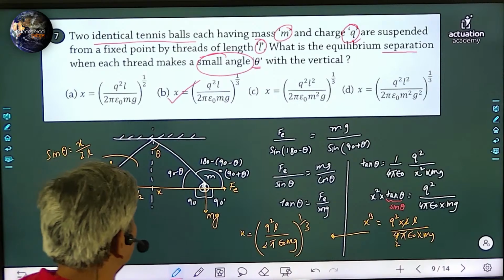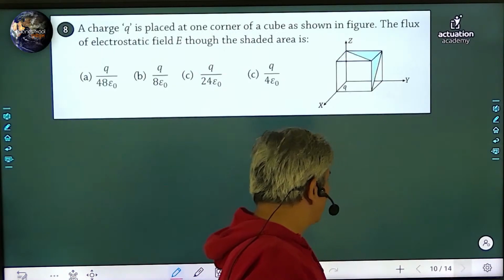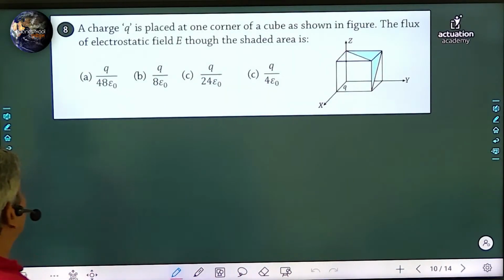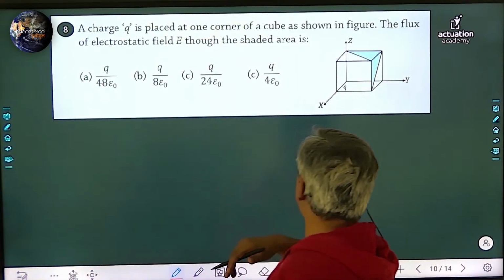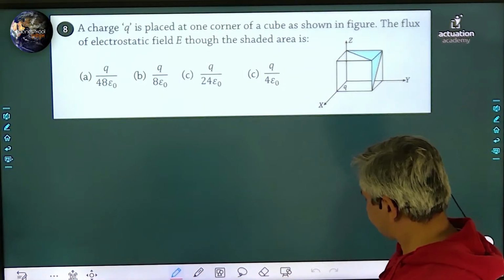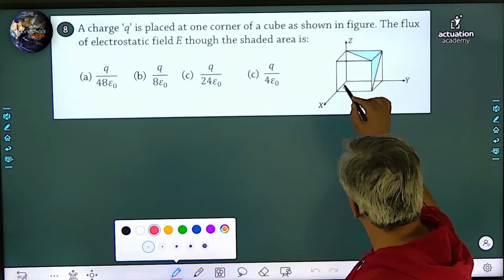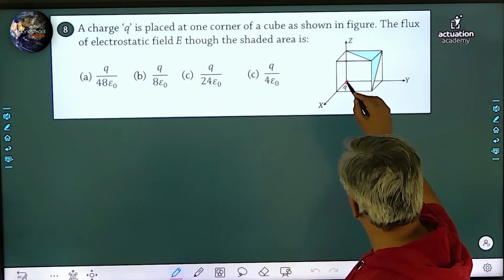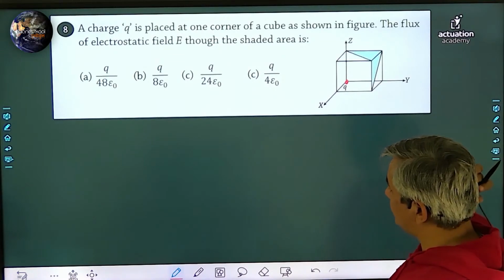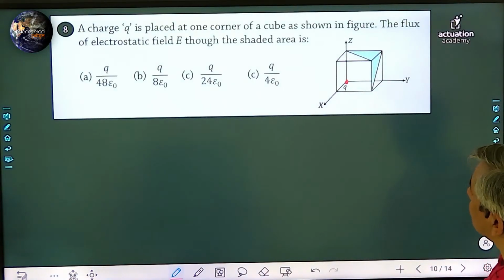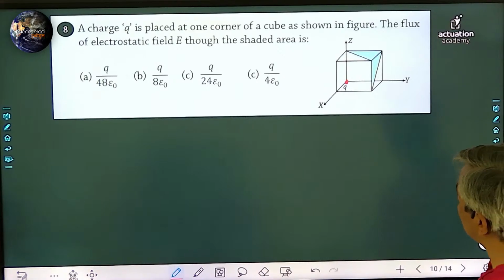Now let's move to the next one. A charge Q is placed at one corner of a cube. Let's assume the charge is placed at this corner of the cube, as shown in the figure. We need to find the flux of the electrostatic field E through the solid area.